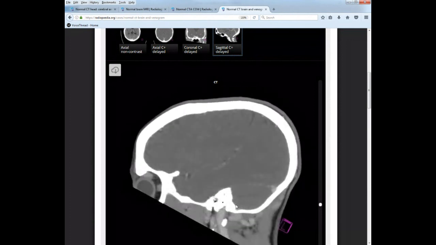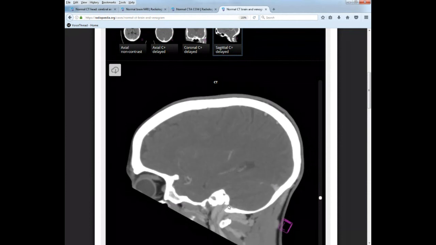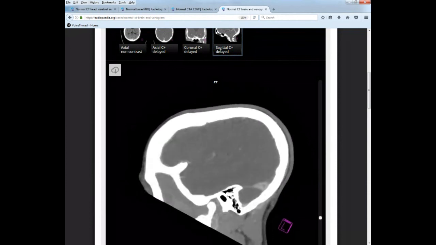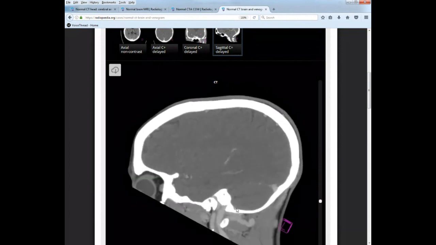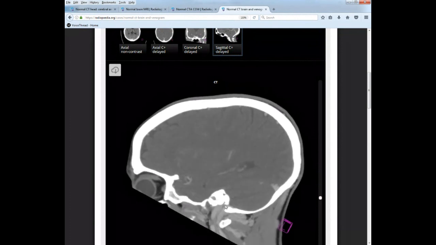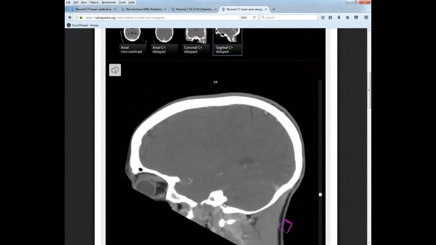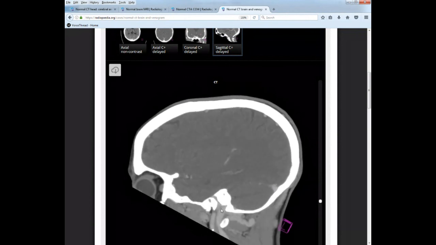It's not really easy to find, what you can't see because the bone is in the way. Down in here is where it's all going to connect and make that S turn. As this makes the S turn, this portion of the transverse is your sigmoid sinus as it dumps down into your internal jugular right there.